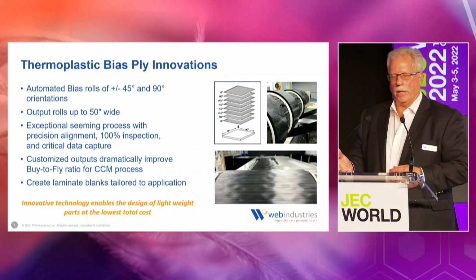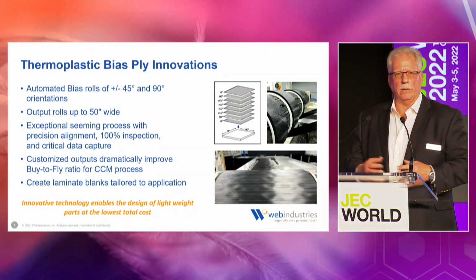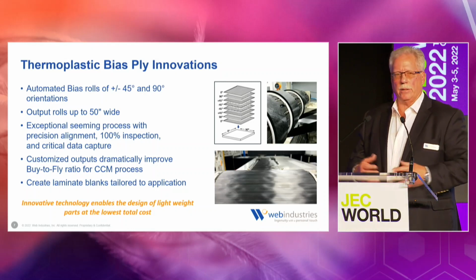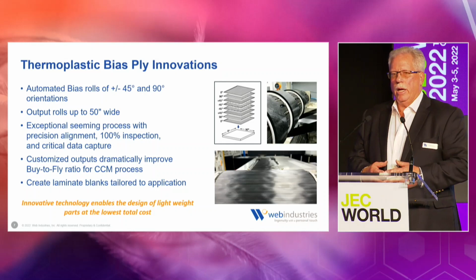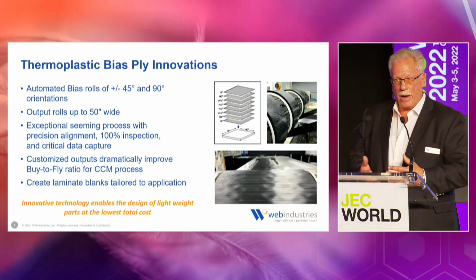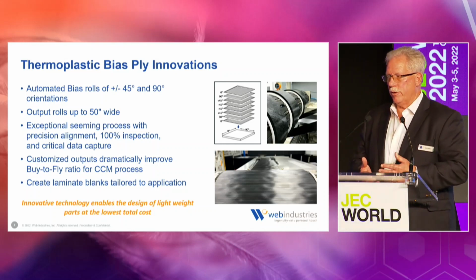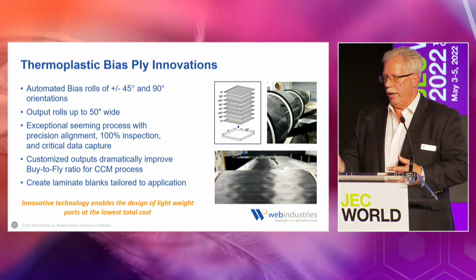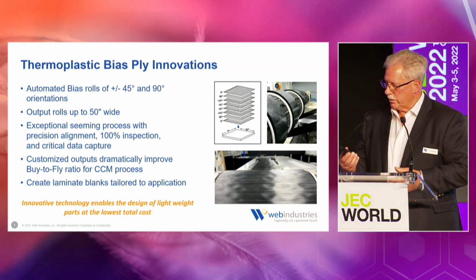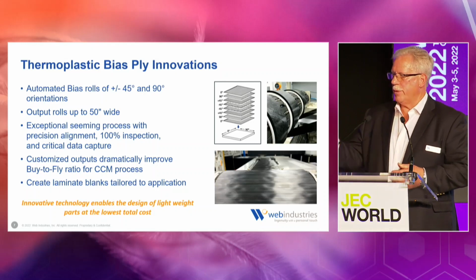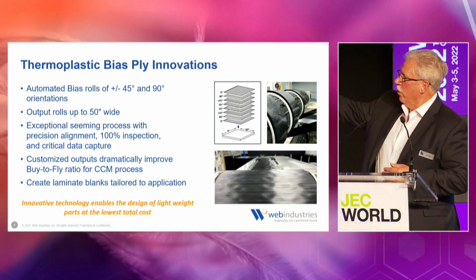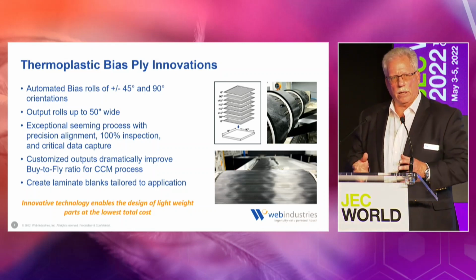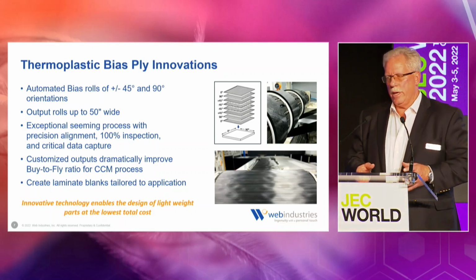So we developed a process that allows us to create a very large-scale roll through an automated process that can be up to 50 inches wide, that manufactures the plus or minus 45s, or 90-degree rolls. You can see in the pictures the roll that comes off, and also custom slit widths that can accompany that for CCM.